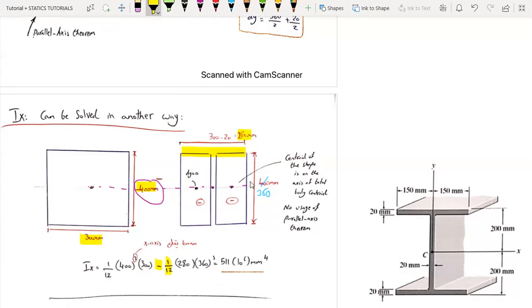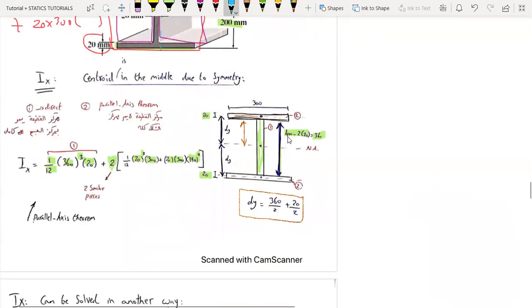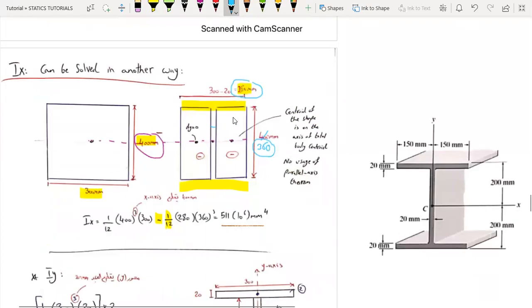Why 280? Because this total distance is 300 millimeters, and this distance is 20 millimeters, so 280 millimeters, multiplied by the height, which is 360 millimeters. We are subtracting these two small areas, and again we are not using the parallel axis theorem because dy is 0.